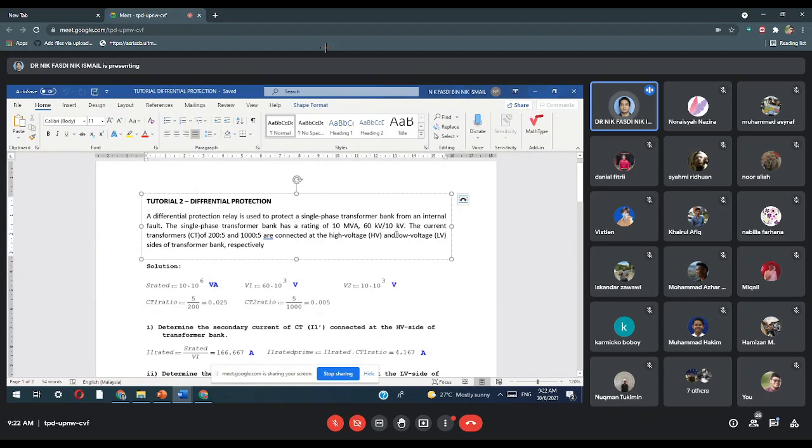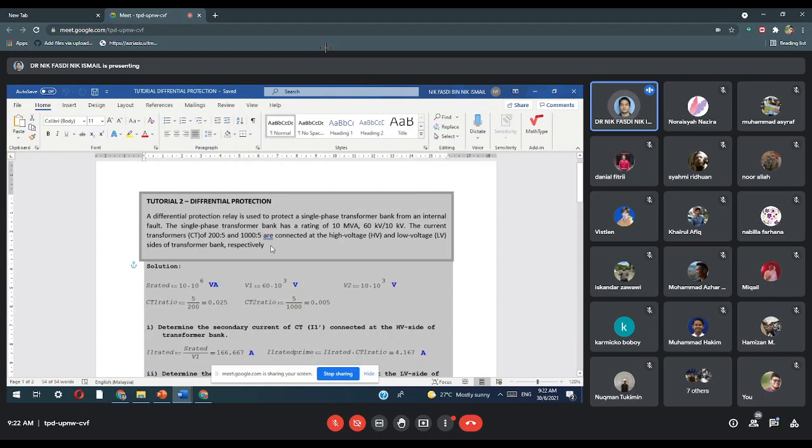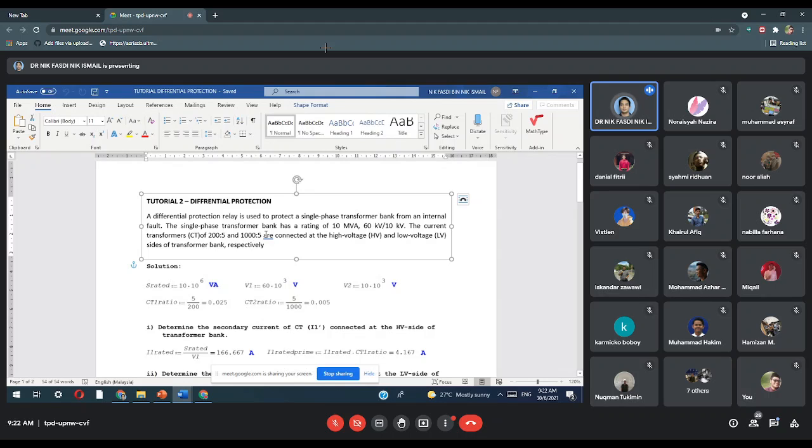Ini primary secondary tadi, apa tu kita katakan high voltage side, low voltage side. The current transformers given are 200/5 and 1000/5. So ini ialah untuk high voltage side and this is low voltage side, connected to the high and low voltage side of the transformer respectively.